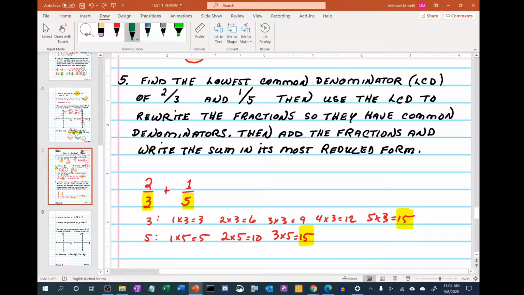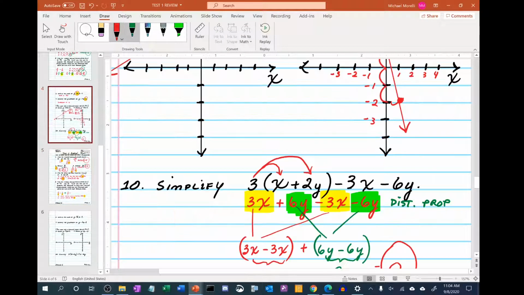So what do we do? Well, I'm going to put an arrow here, because what we do is we multiply each fraction by a fraction that will make the bottom number be the LCM, okay?